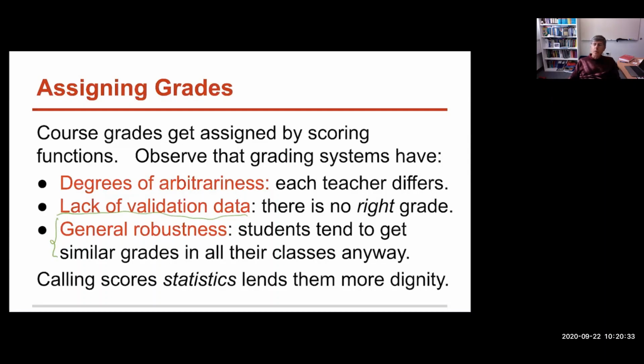You could imagine a world where a B student might get all A's and half C's, but that usually isn't what happens. Usually people get relatively consistent grades across all their classes, which tells me that there's a certain level of robustness in this idea, even though they use arbitrary formulas, even though they don't have validation, okay?